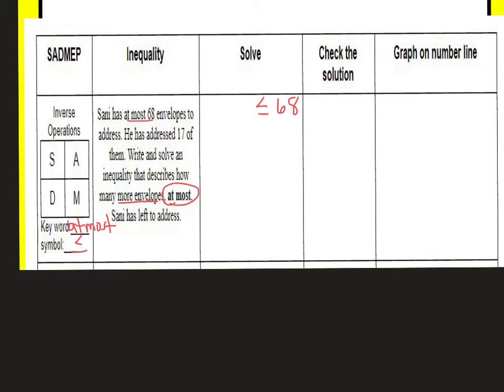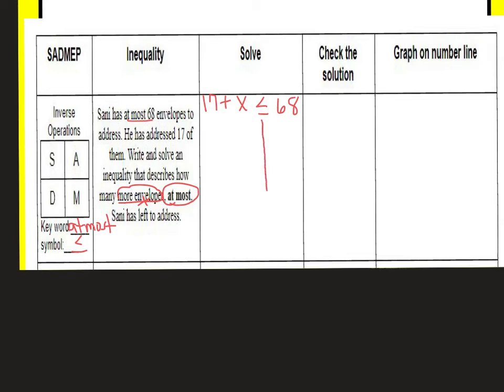Okay, so the most that he can address has to be less than or equal to 68. Well, he's already addressed 17, so he has so many more that he actually has to address. So those envelopes is your variable, what we are looking for. Okay, so here we go. What we're going to do is the following.